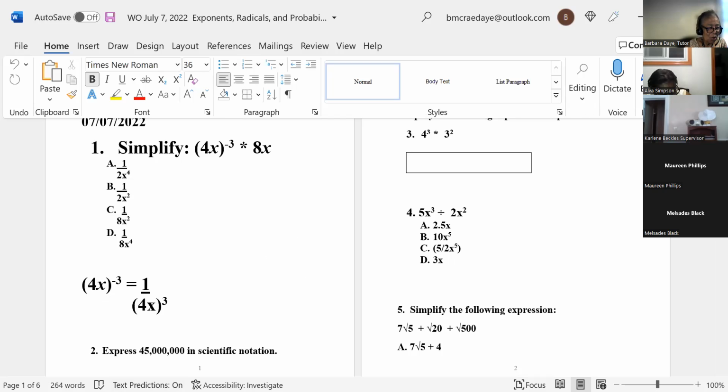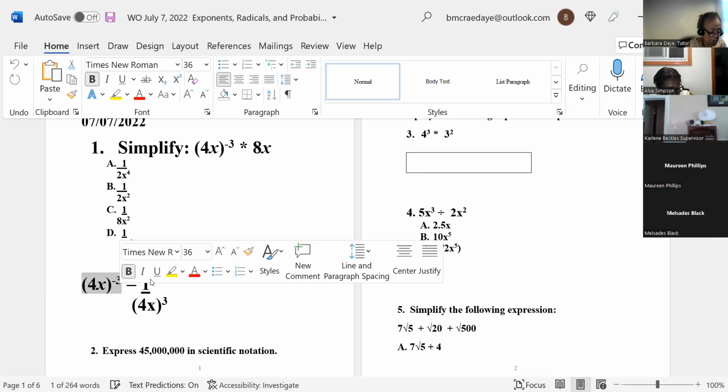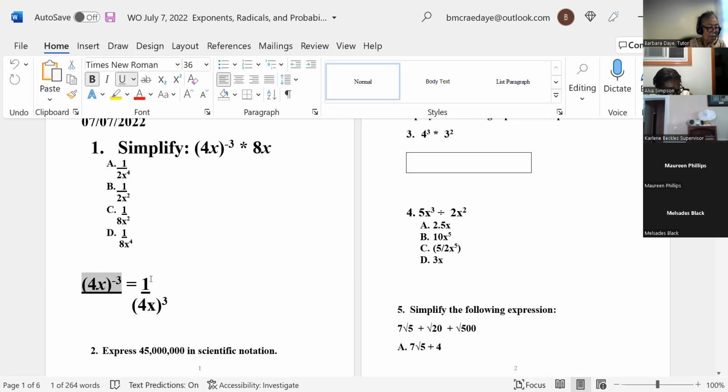So this is 4x to the minus 3 over 1. Now the 1 is the default, right? But it is over 1. Let's just put the 1 there. Now the 1 is the default, so you really don't have to put it, but I put it there so you can see it. It's 4x to the minus 3 over 1.